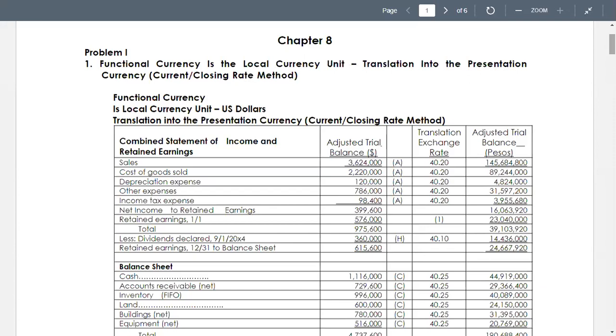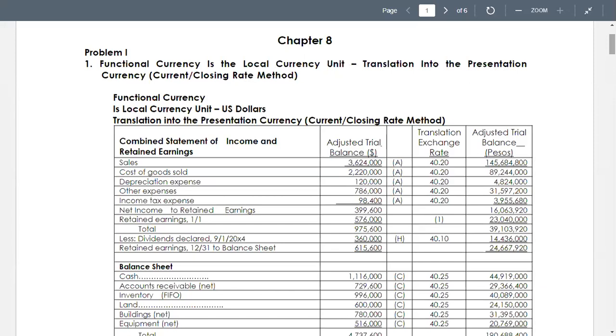Other than these terms, you can still have more terms. You refer to the book of Dayag for all of this. Dayag here has very good and complete discussions with regards to foreign currency translations.